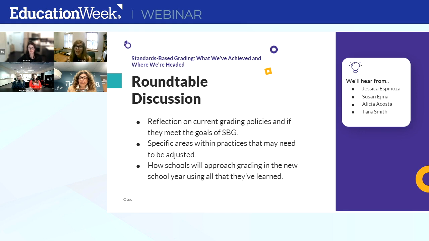But when they had common language around what a 3 is towards that standard, and a 2 and a 1, it was a heavy lift in the beginning. It slowed us down a bit. But once they got going, the data was clean. They were all feeling like, we have a common understanding, and then we can work together in how we support our students across the grade level.